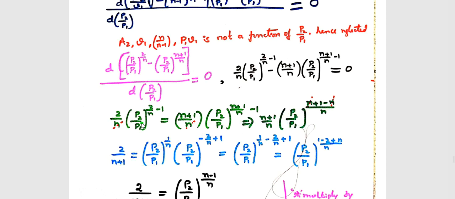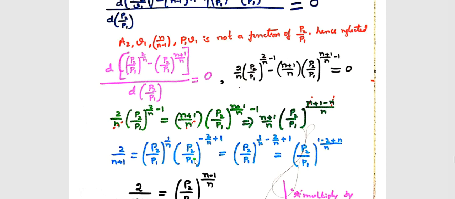And on the left hand side, the P2 by P1 to the power of 2 by n minus 1 I have taken to the denominator of the RHS. If you take this term to the right hand side, the sign changes, plus becomes minus, minus becomes plus. So minus 2 by n plus 1.